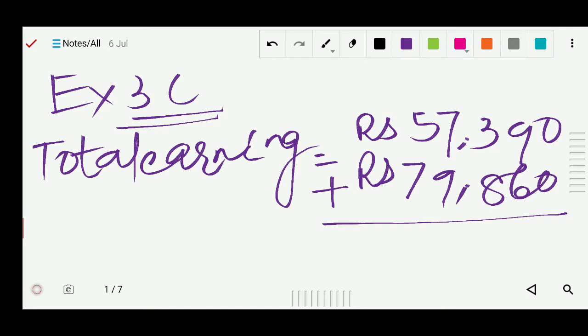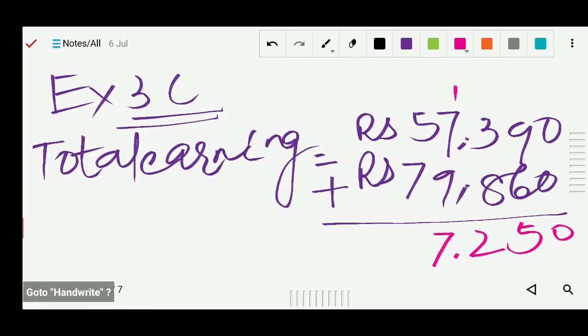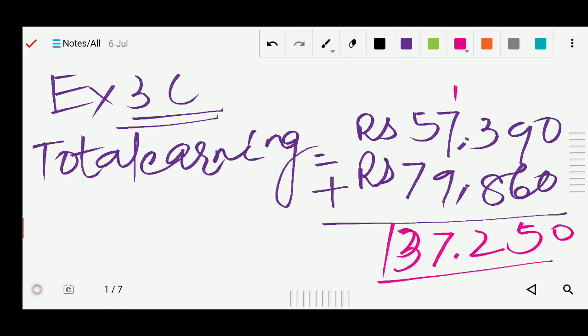So you can add 0, 9 plus 6 is 15, carry 1, 8 plus 3 is 11, plus 1 is 12, carry 2, carry 1, 9 plus 7 is 16, plus 1 is 17, 7 carry 1, 7 plus 5 is 12, plus 1 is 13.